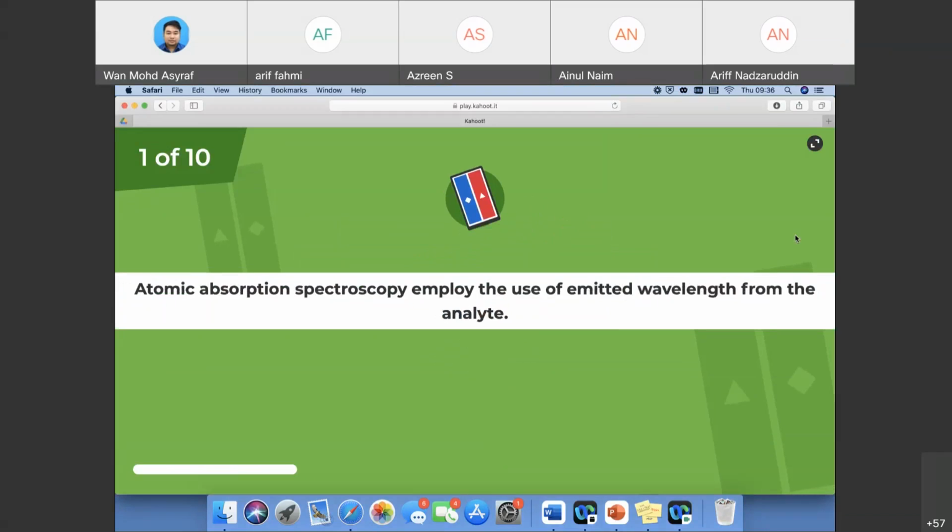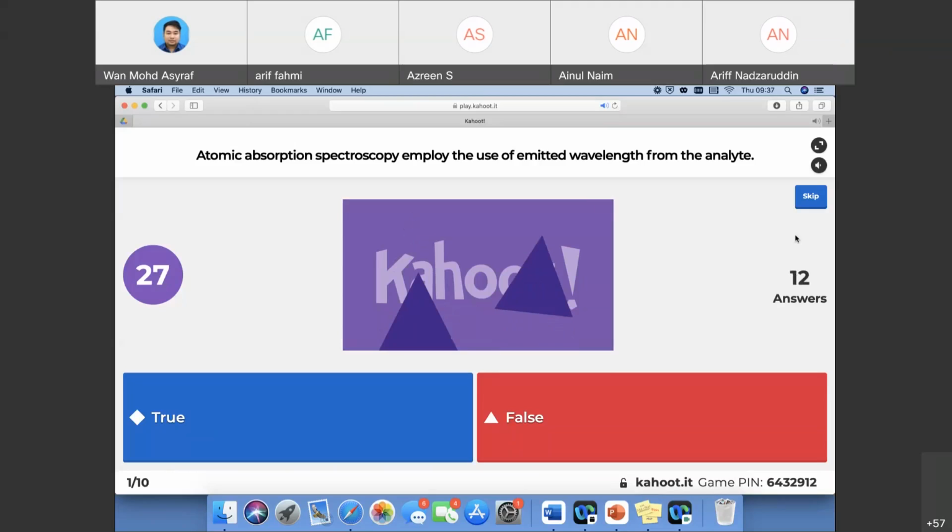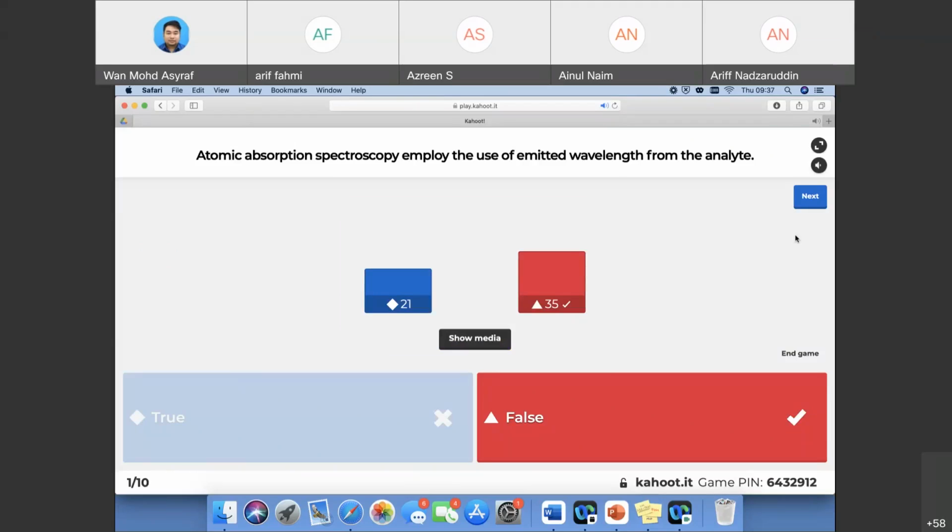Alright, true or false? Atomic absorption spectroscopy employs the use of emitted wavelength from the analyte. Betul atau salah? Alright, so the answer is false.